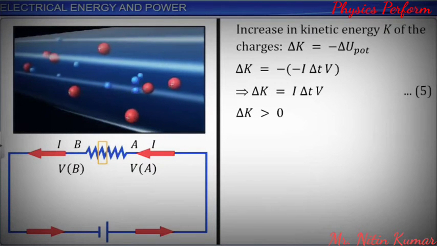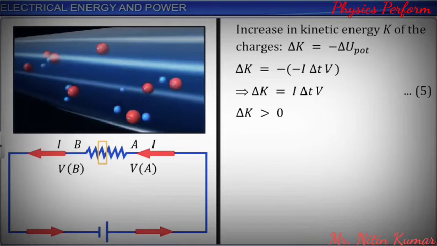If the charges move freely through the conductor, their kinetic energy should increase, and they should move with greater velocity. But we know that on an average, these charge carriers do not move with acceleration, but with a steady drift velocity.